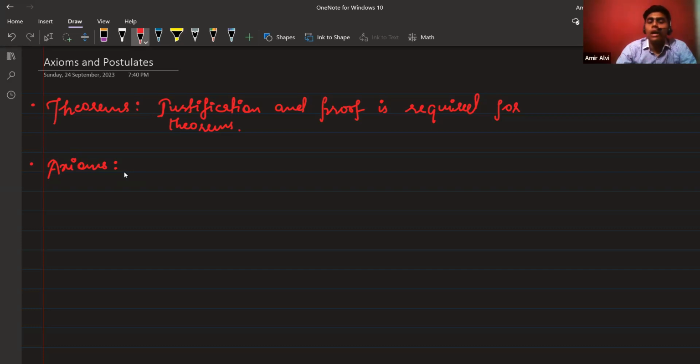And the next thing is postulates. Postulates are considered for geometry, the things which are related to geometry. If I say a line AB is a line and it is straight, do I need to prove any justification?